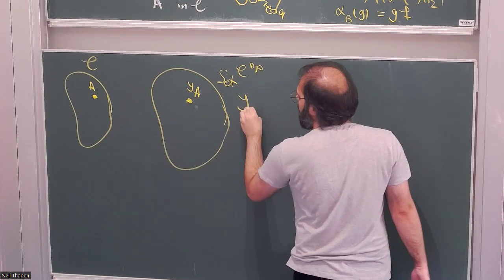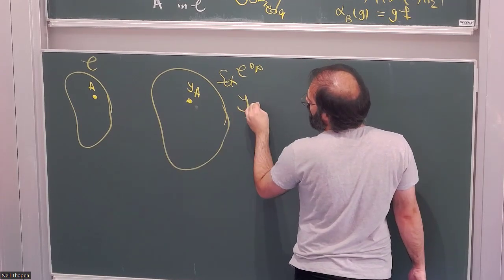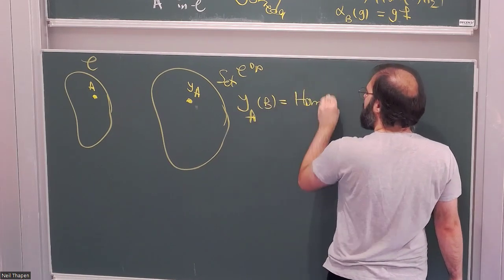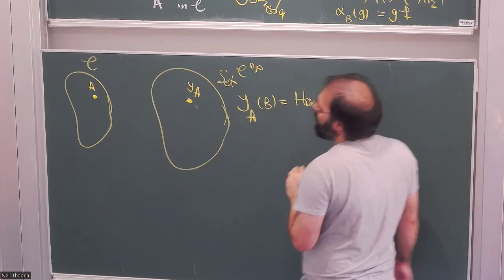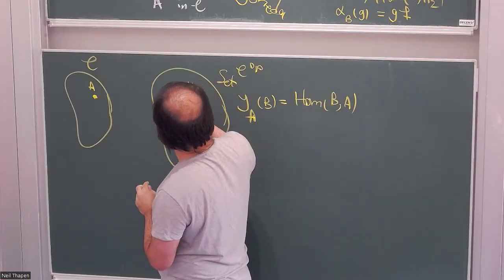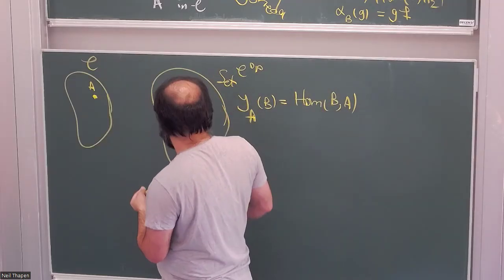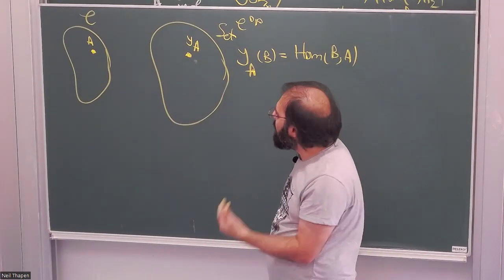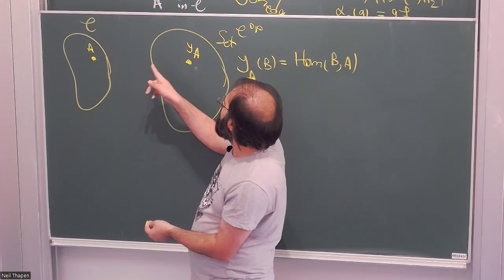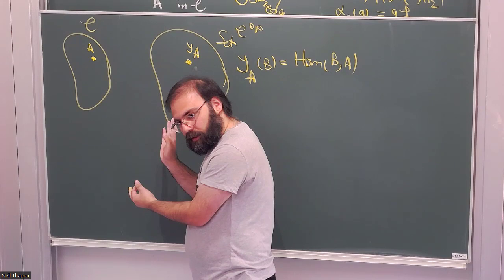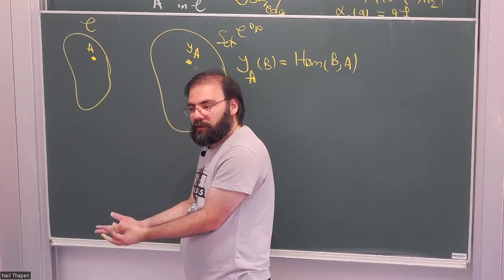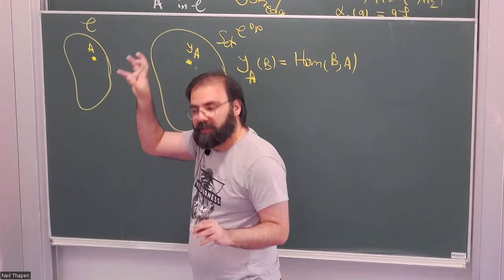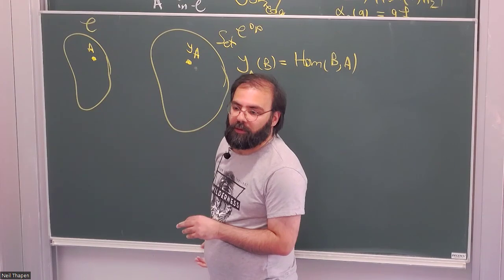Let's say Yoneda A of any B is Hom(B, A). That's just the definition. What I'm saying is that you want some sort of generalized space, so you have to define a functor, and the functor must map something to some given space, and that given space is A.